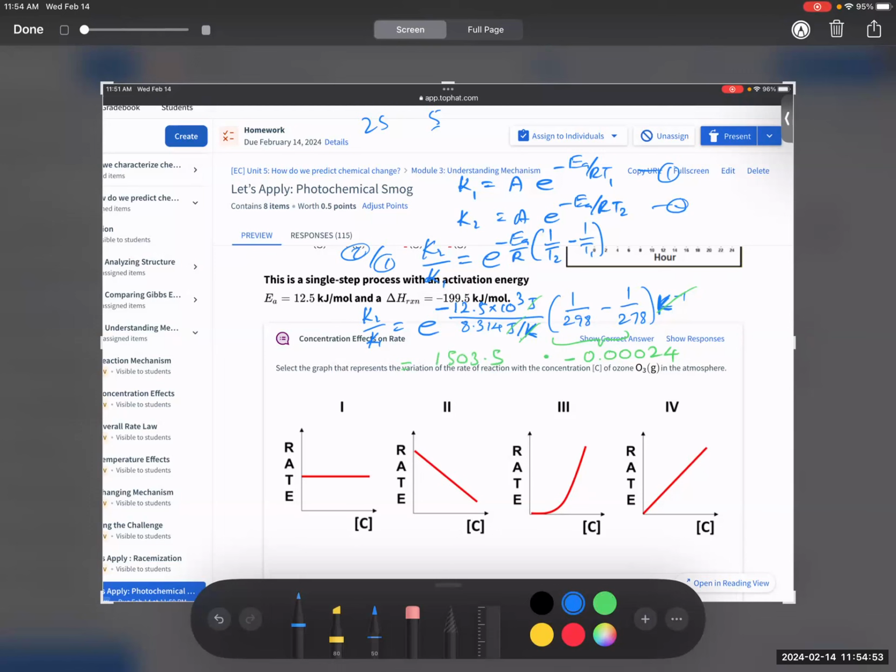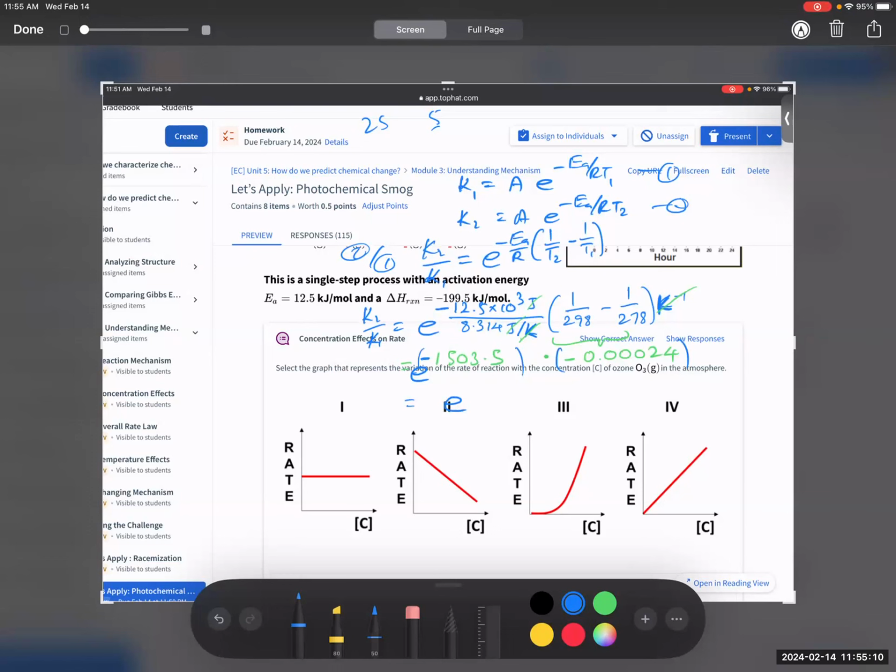We don't want to split hairs here. And then again, remember this is e to the power of a negative, so that still stands. We need to multiply this number by this number over here, and we're going to end up with a positive number.